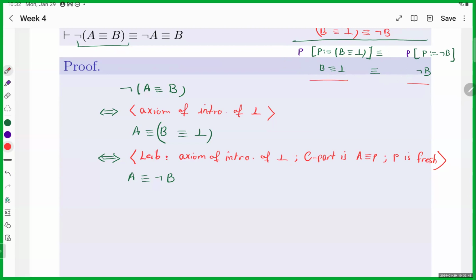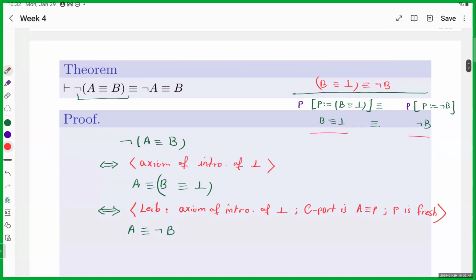And why use Leibniz to get the axiom that you already have? When the C part is P, what you get is nothing new. So the Leibniz rule doesn't give you anything new. Oh, okay. Thank you. Yep.